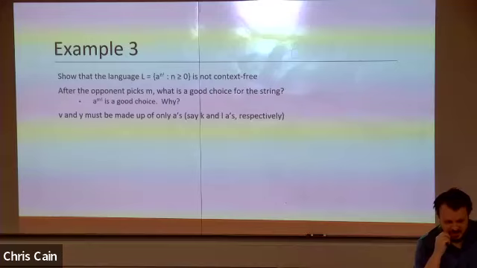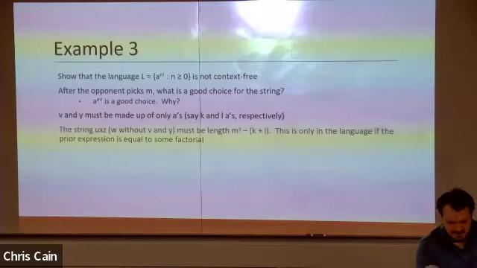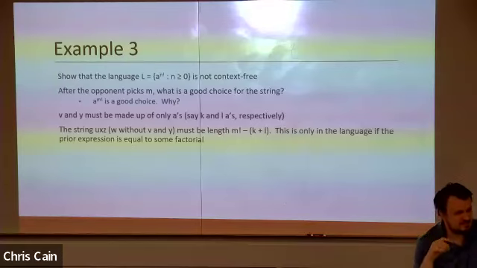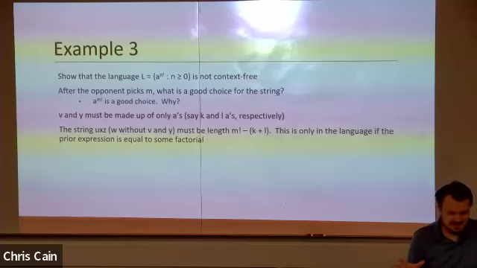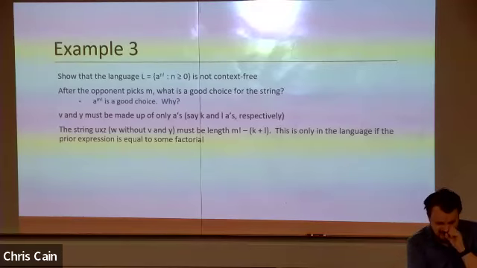We could now write an expression for how many a's are outside of this loop. So uxz, the string that isn't produced with that recursion, has to be length m factorial minus k plus l.